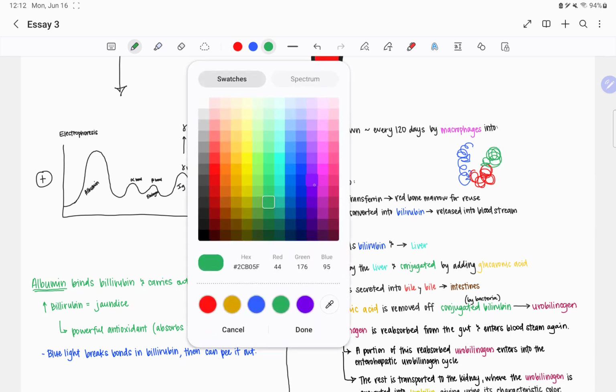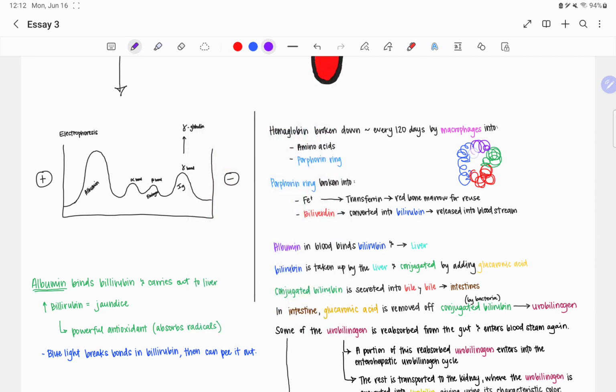All right, let me add another. Okay, and then each of them have this porphyrin ring in the middle. And that's what helps us bind the oxygen.